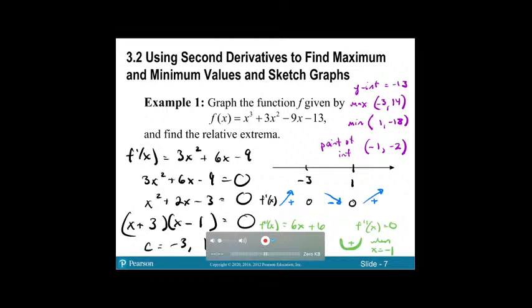Let me get a copy of this. Actually, let me get a copy of, nope, that's that one. I need both of these. Well, let me just start with this. Copy. This is page 7. Okay.